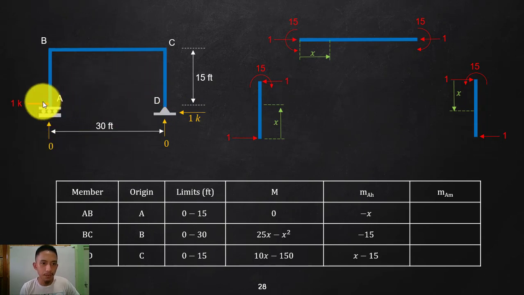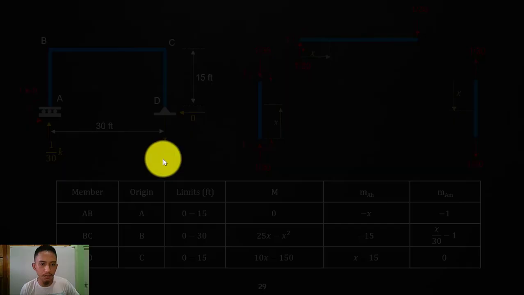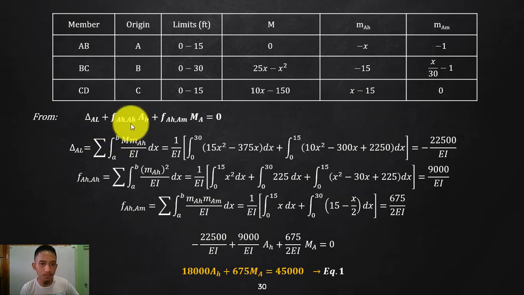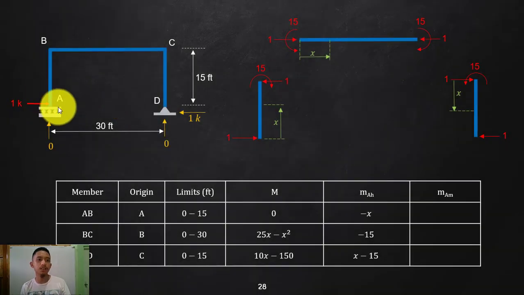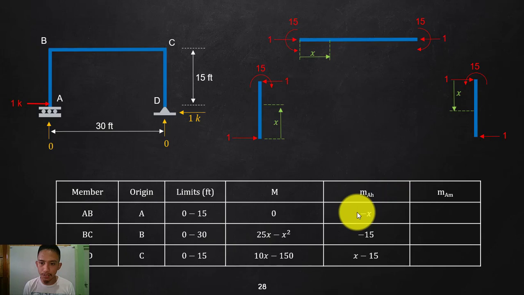So if you want to get the deflection at this point due to this redundant, that is just squaring this, or multiplying this M to itself, so that we satisfy M times M, moment equation times moment equation. Since we are getting the horizontal displacement at A due to the horizontal redundant at A, all you need to do is square your MAH.